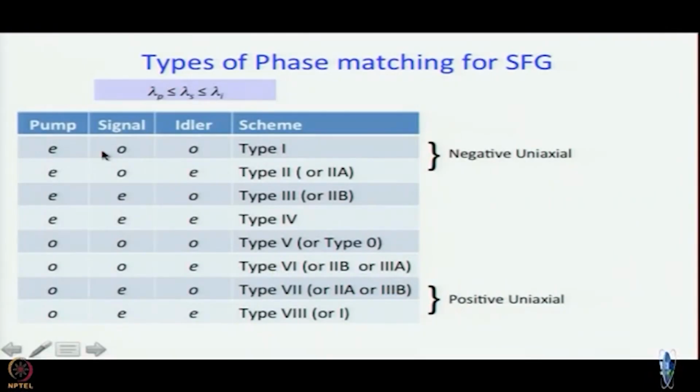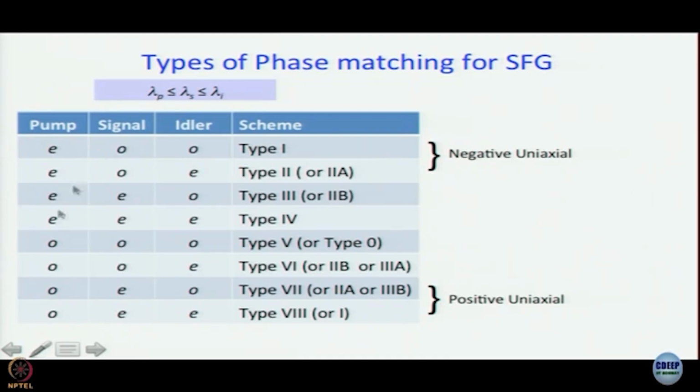So, that is called OOE kind of phase matching. Now, please do not get confused here. The problem is, since I have written pump first, you have to read from right hand side to left hand side, opposite. So, type 1 phase matching is also called OOE phase matching, meaning 2 light beams of 0 degree polarization are going to combine to give you some frequency of 90 degree polarization.